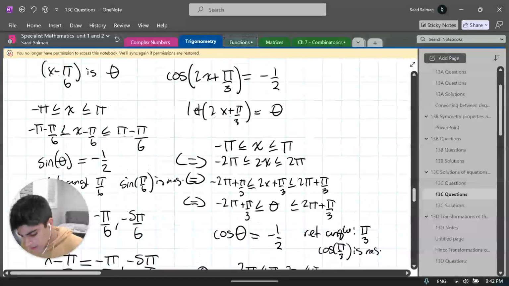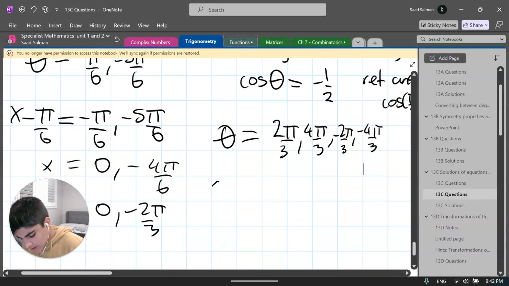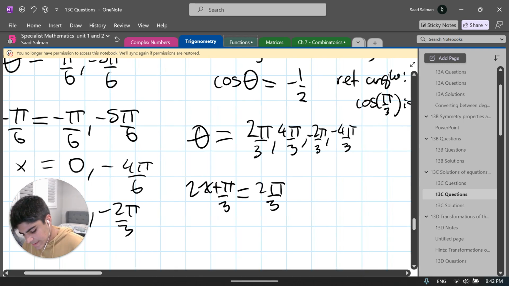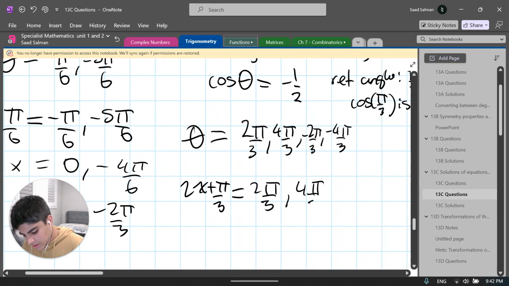Let's sub in: 2x plus pi on 3 equals 2 pi on 3, 4 pi on 3, negative 2 pi on 3, negative 4 pi on 3.